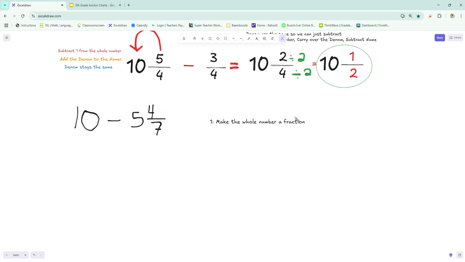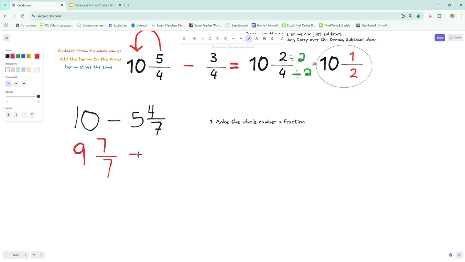So we're going to borrow from our 10. Instead of it being 10, the whole number is now going to be 9, and our fraction is going to be 7 over 7. So there is our regrouping.